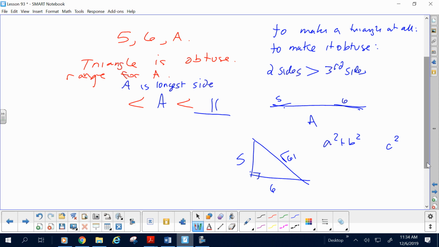This is the longest side and these are the shorter sides, right? That's where root 61 comes from. Now in order for it to be obtuse, this side has to be bigger than that side. So you have to be bigger than the sum of the squares, but less than the sum of the numbers. Make that triangle work.